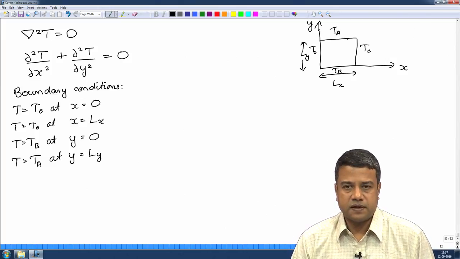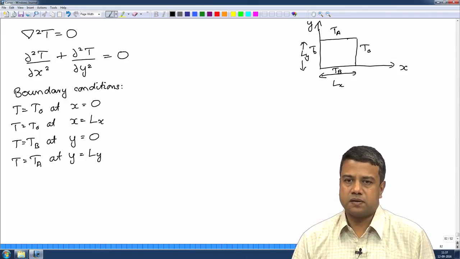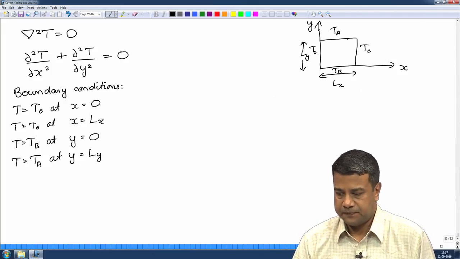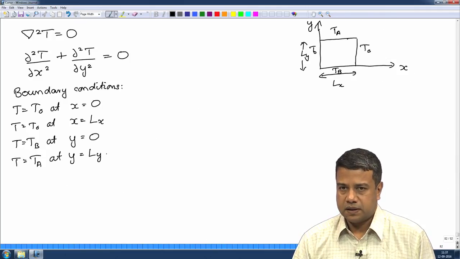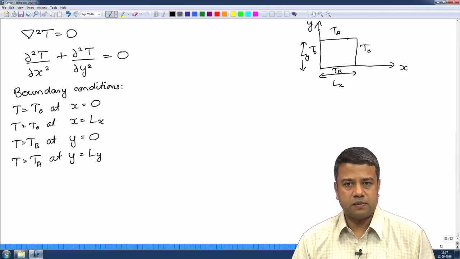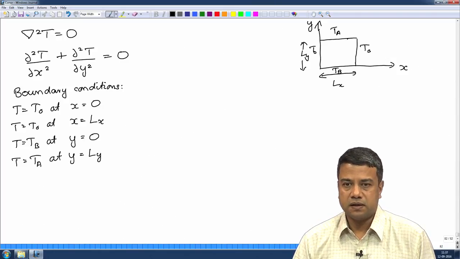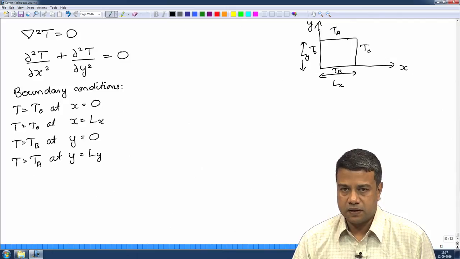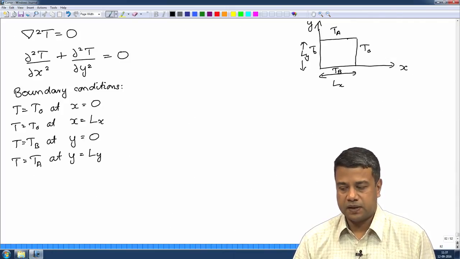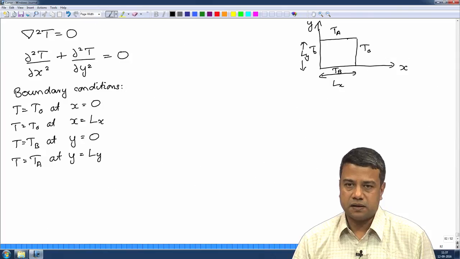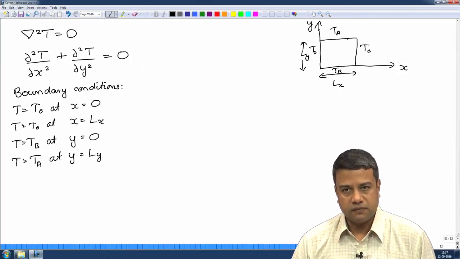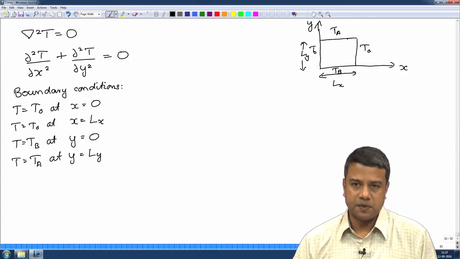Whenever you have differential equations of this kind, the natural procedure to use is the separation of variables procedure. However, as I had repeatedly emphasized when we were solving different separation of variables problems, it is necessary to ensure that there is homogeneous boundary condition in all directions except one. Homogeneous boundary condition means either the temperature is 0 or the derivative of temperature is 0 or some combination thereof is 0.